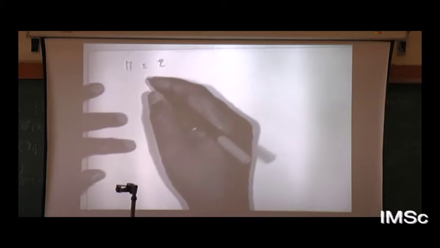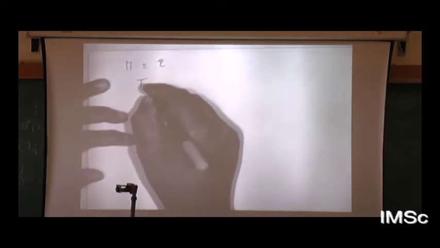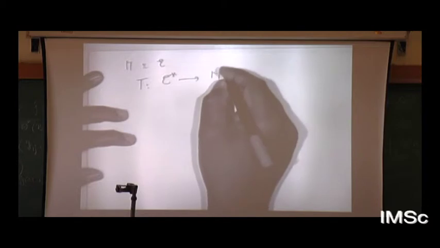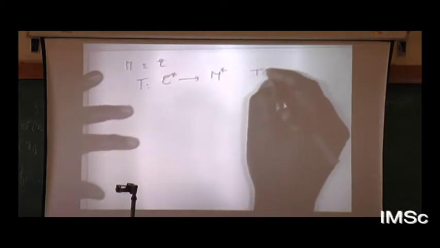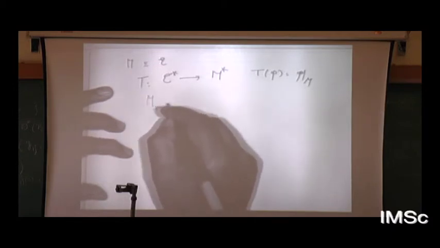So I want to look at the map from E star to M star defined by T of phi equals phi restricted to M. Then by definition M lower star equals T of E star.